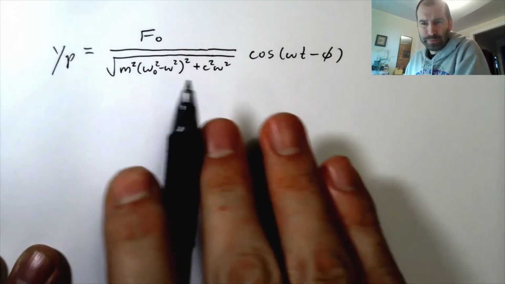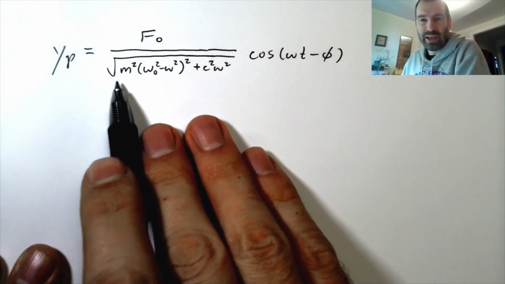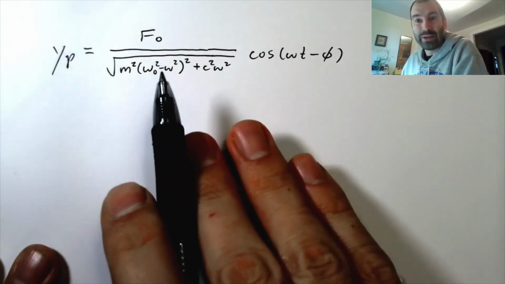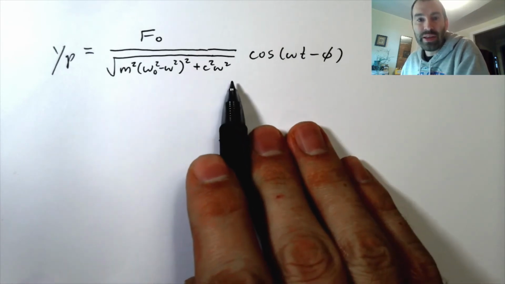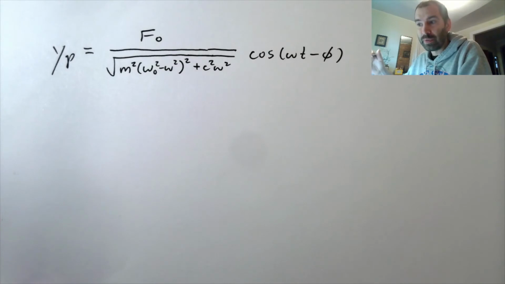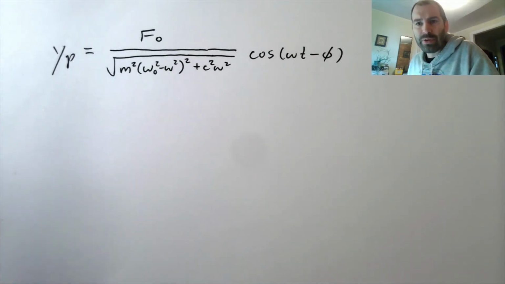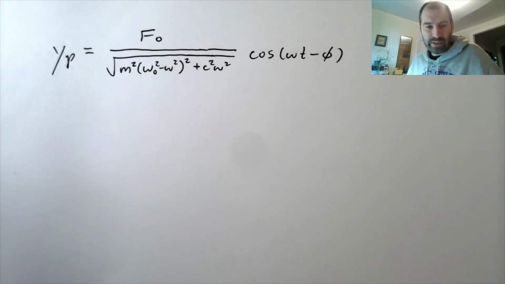Okay, so when you write out the steady state solution, you get this coefficient on the outside, right? This has to do with the amplitude of the solution, right? The question is, how does this amplitude behave?